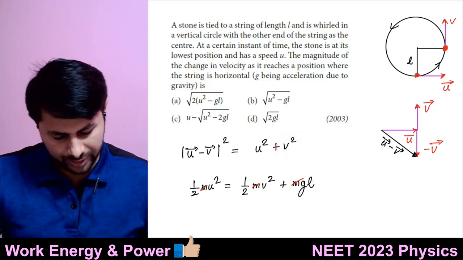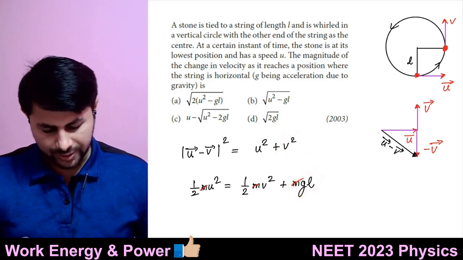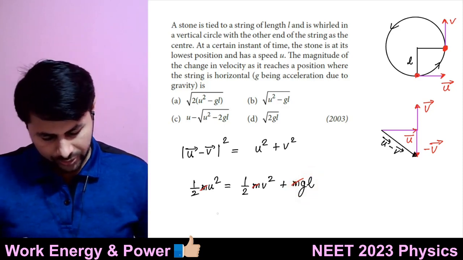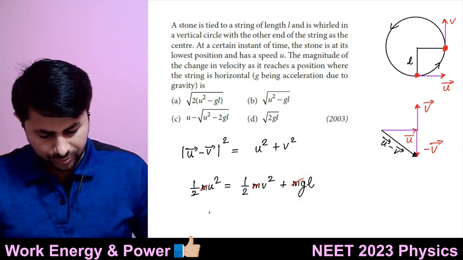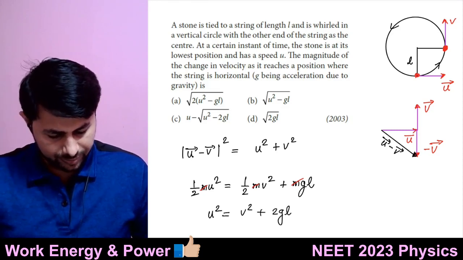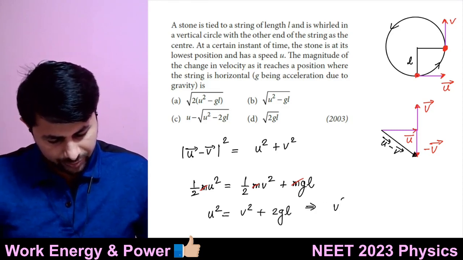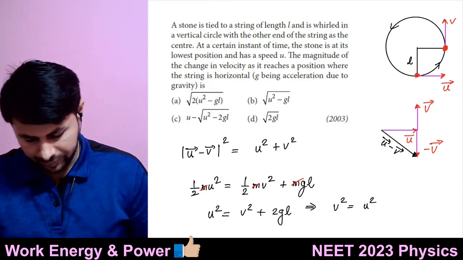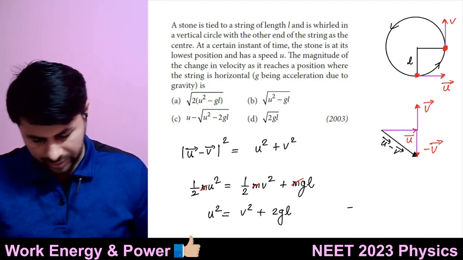So multiply the whole equation with 2. What do you get? You get u square equals v square plus 2gl, and that means v square is equal to u square minus 2gl. Put that here.